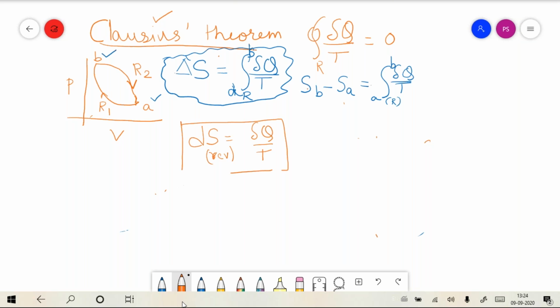So this is a very important expression. This expression and the earlier expression are very important expressions of property change.